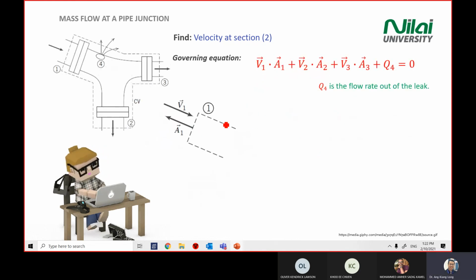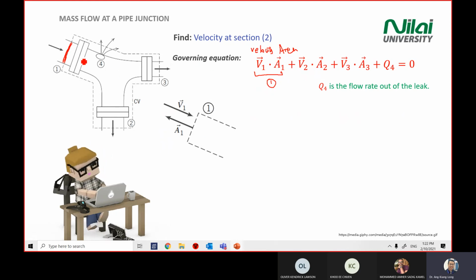Okay, we focus on point number 1, which is here. If you look at the first term, it consists of two vectors. One is the velocity vector. One is the area vector. So how do you determine the direction?